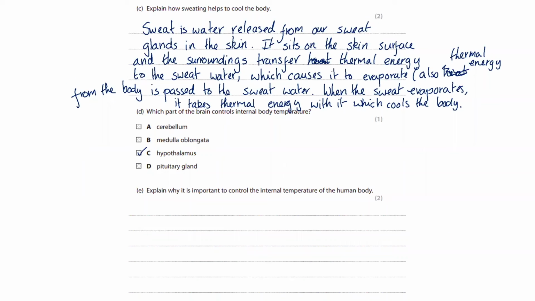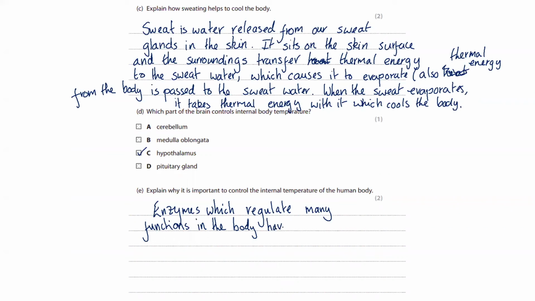Explain why it's important to control the internal temperature of the body. It's quite a lot of processes involved here. So enzymes, which regulate many functions in the body, have a certain optimum temperature to operate.